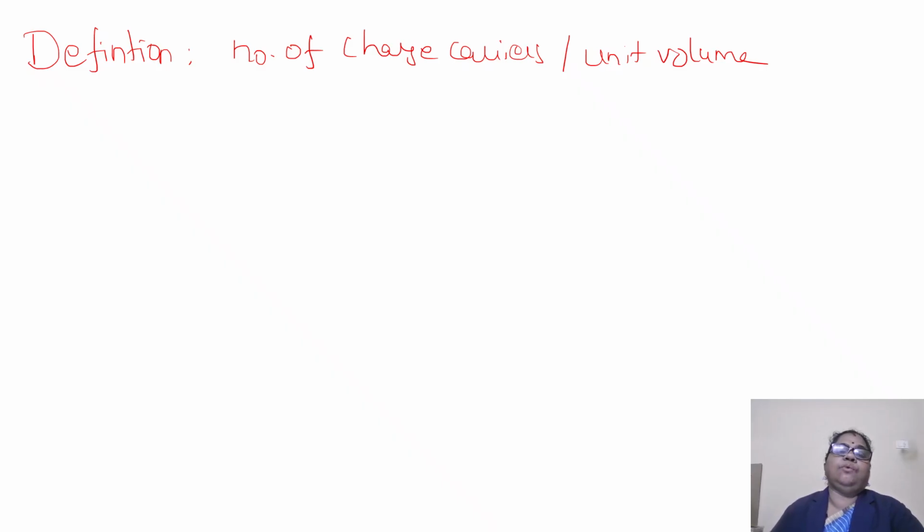For example, we find the density of electrons in the conduction band, which is the number of electrons per unit volume. In the same way, we find the density of holes, the number of holes in the valence band per unit volume. On that basis we can derive the intrinsic carrier concentration.